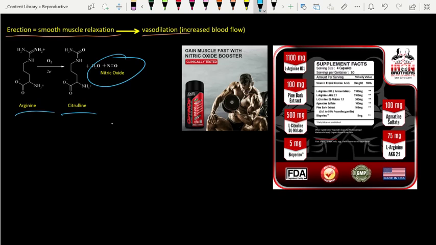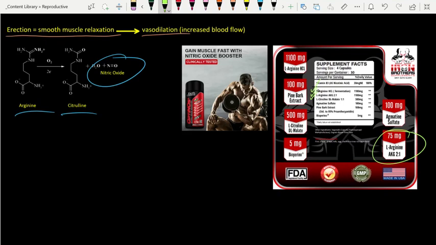And so it shouldn't surprise us if we zoom in and look at the ingredients on these supplements, what do we see? Lots of arginine. The first ingredients, arginine, citrulline, with the idea being if I can provide increased levels of arginine, then I can increase nitric oxide synthesis, and it's the nitric oxide that's going to cause vasodilation.